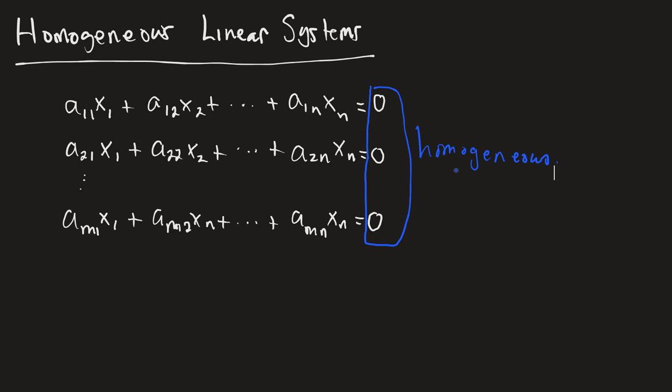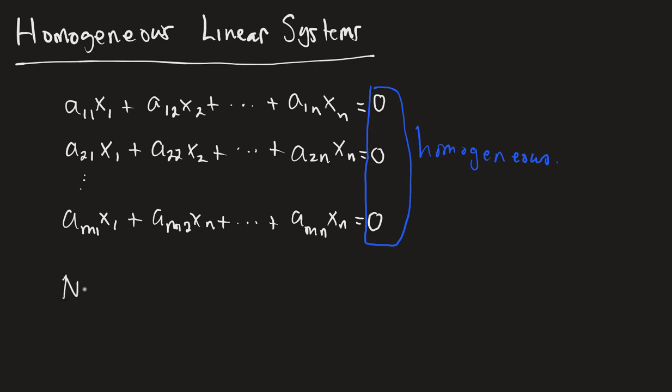So right away, if you think about it in terms of what has been our main goal, solving these linear systems, well, if all the constants on the right hand side are 0, then right away we should be able to observe an obvious, or often referred to as a trivial, solution.